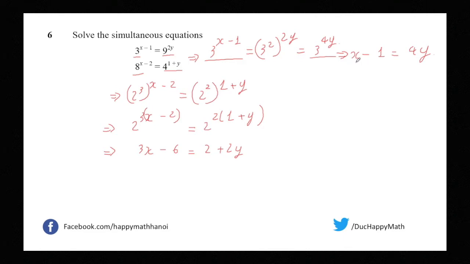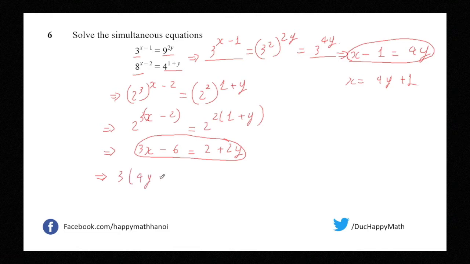Okay, so this one is the first linear equation, and this one is the second linear equation. I will take x in the first one, equal to 4y plus 1, and I will substitute the expression of x into the second one. It means I will get 3 times (4y plus 1) minus 6 equals 2 plus 2y.